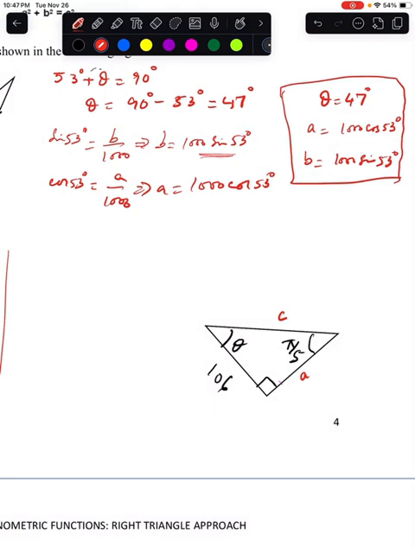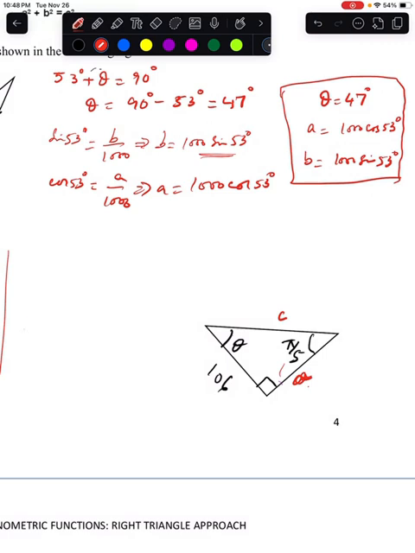Now we can use pi over 5, or we can use the other angle, which is 3 pi over 10. Well, this one is simpler, so I think better use this. So how can I find A? This time I should not be using the hypotenuse yet, because then we will not have a value for A, so I shouldn't be using the cosine, but I can use the tangent.